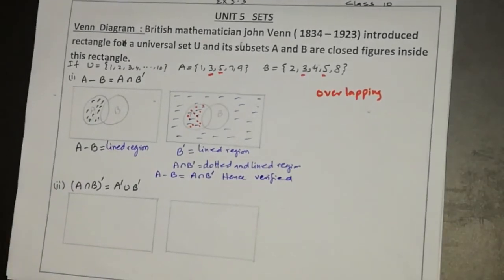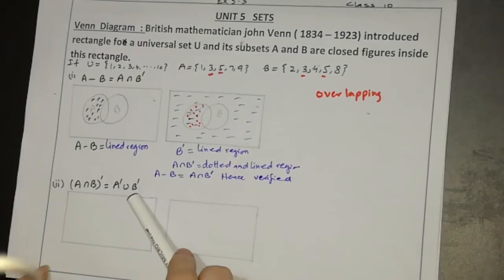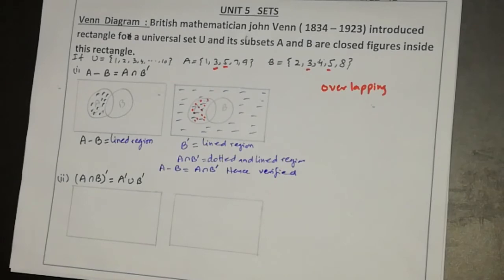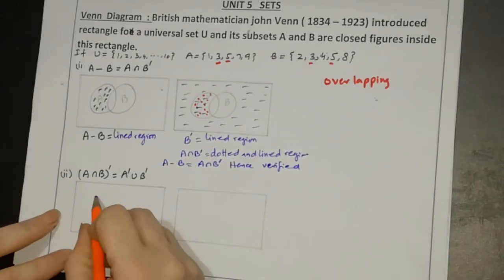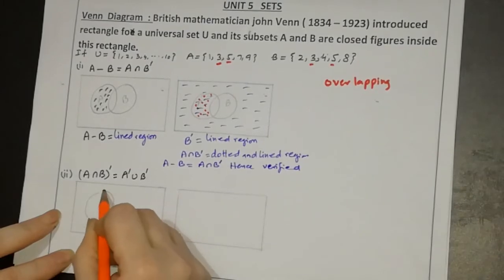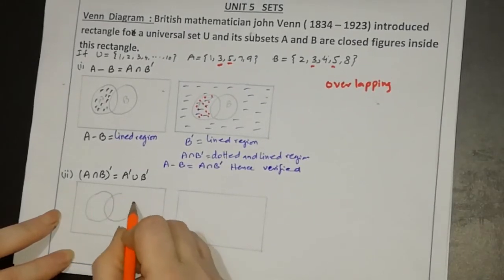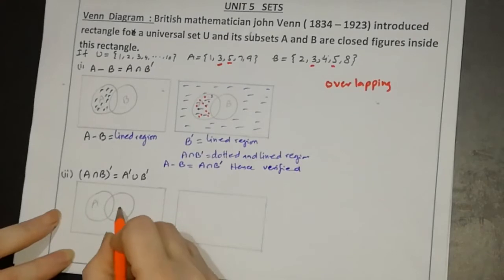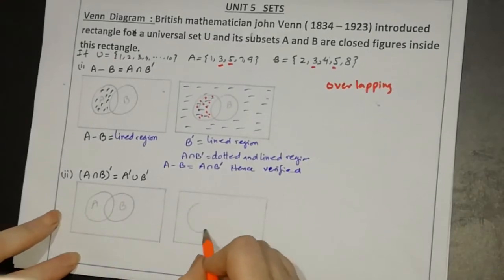Now, we have one more complicated question: A intersection B complement is equal to A complement union B complement. So, now you have to give more attention to it because it is a little bit complicated. Again we have the same set, overlapping A and B. Let's draw it here.